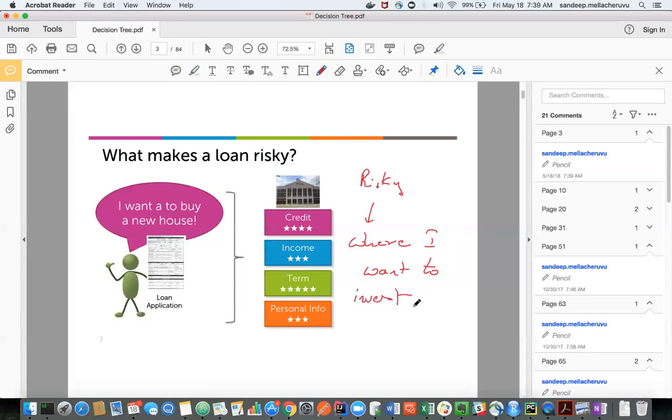Is it clear? You have to find out all these places where I want to invest and find out which places are risky, which places are not so risky.